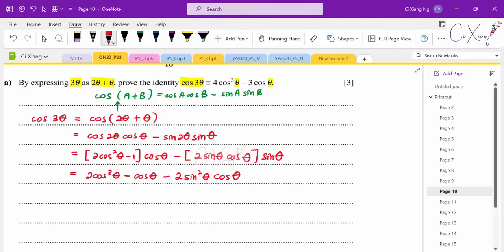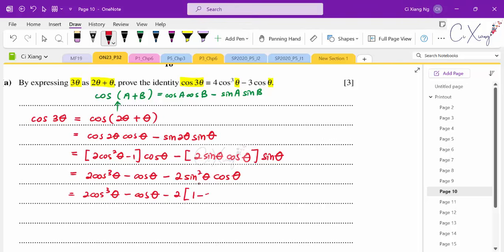Then now, to get the final answer, we refer to the answer again. I don't want to have any sine theta in my step or in my answer. So I need to get rid of the sine square theta here. How can I get rid of the sine square theta from this part? So again, you have to use another identity that you learned earlier to get rid of the sine square.